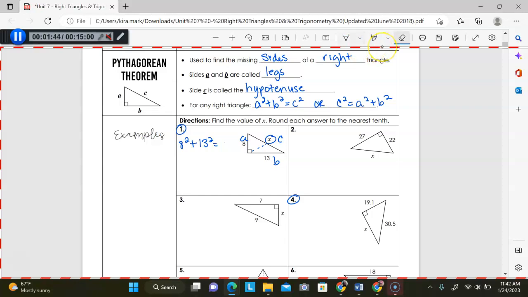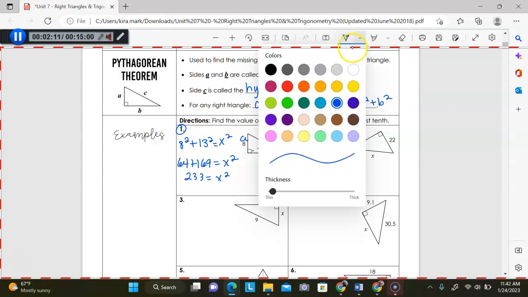So go ahead and pause this video and do 8 squared and 13 squared in your calculators. Pause now. Okay, you should get 64 plus 169, and then add those together, you get 233. Now I have x squared, I want x. So do the inverse operation of that, which is square rooting.